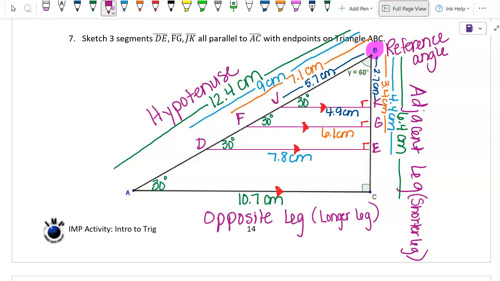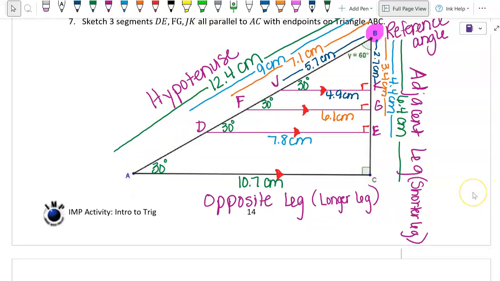So because we are using a 30, 60, 90 triangle here to showcase these relationships we were doing, we also have to look at that adjacent is the shorter leg, opposite is the longer leg.